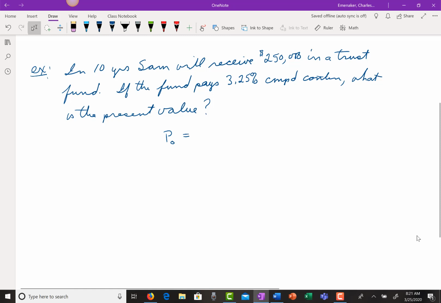We want to know how much is going to be invested right now so that in 10 years there will be $250,000 e to the negative 0.0325. Here's the investment rate times the number of years, 10.